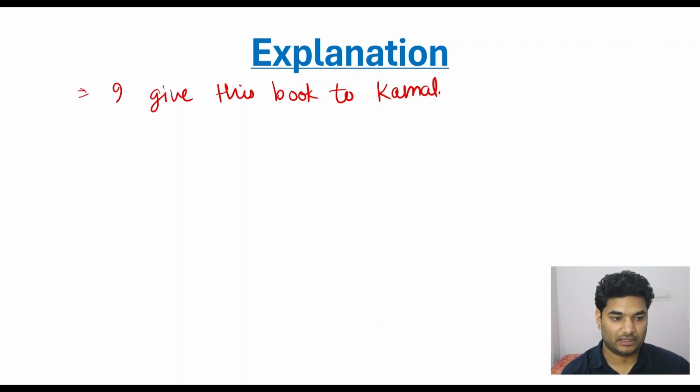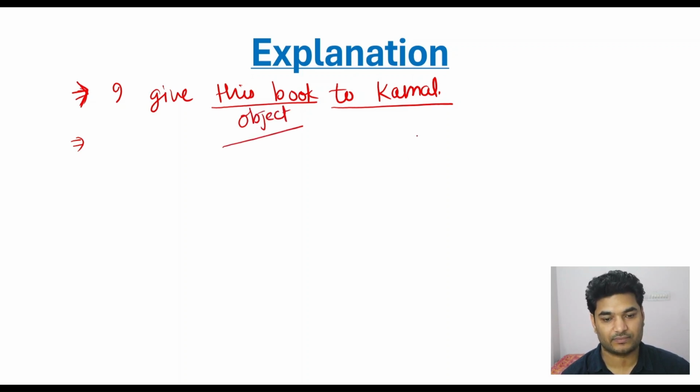All right. Now let's discuss this. First, let's discuss the English grammar in this sentence. This book is an object. In English, we have a concept of indirect and direct objects.